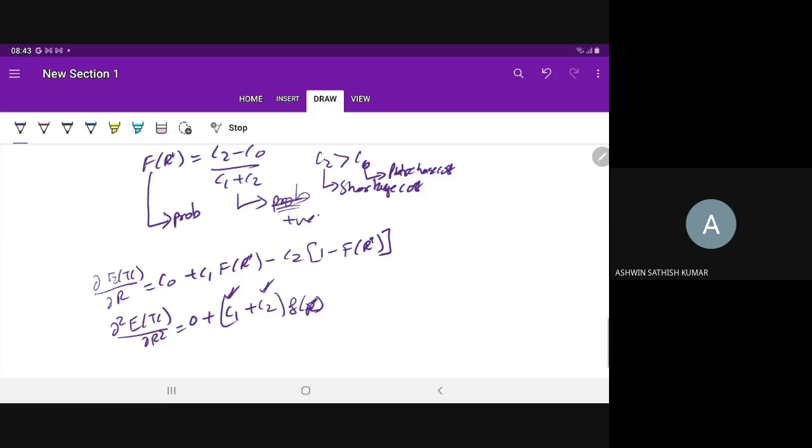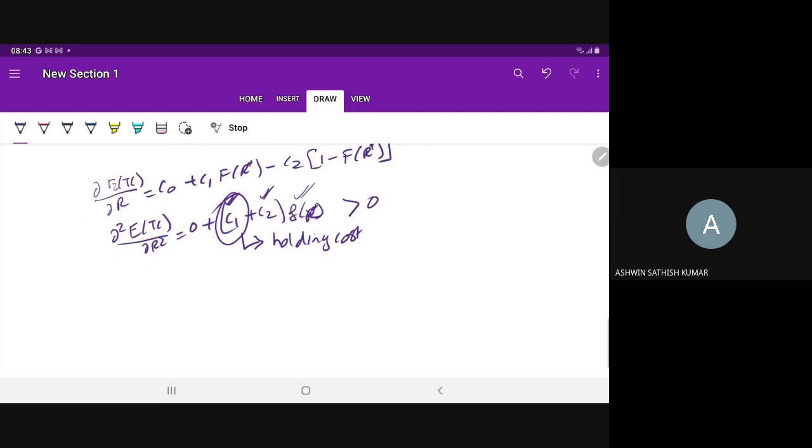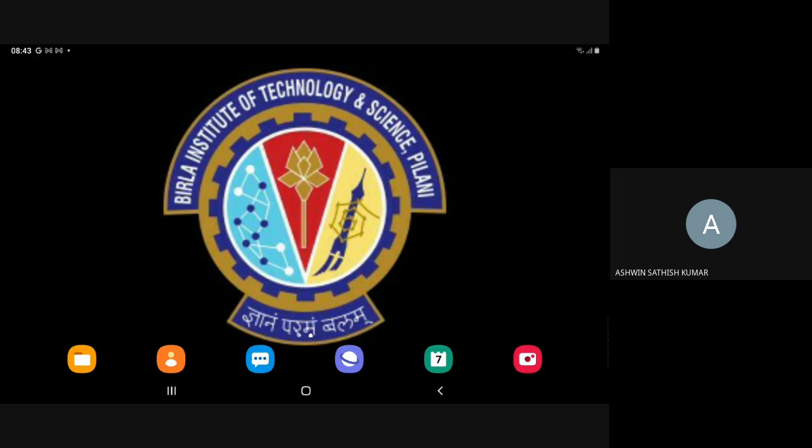First, assume C2 is always positive. F is the PDF, always positive. We want this quantity to be positive, so C1 plus C2 must be positive, because f is positive and C2 is positive. C1 is the holding cost.